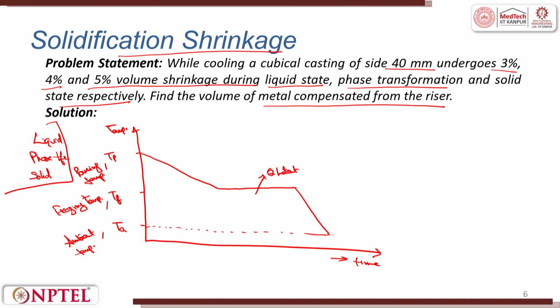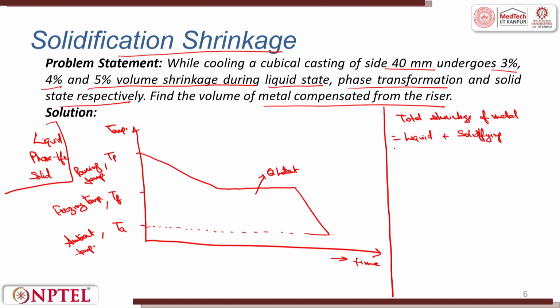To calculate the total shrinkage of the metal, it is equal to liquid shrinkage plus solidifying shrinkage plus solid shrinkage.